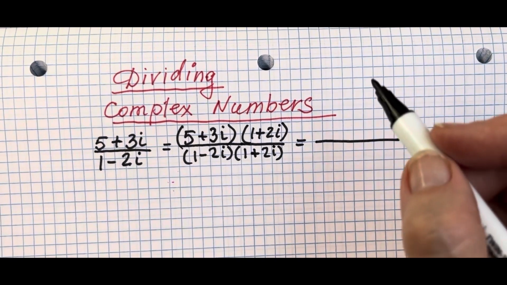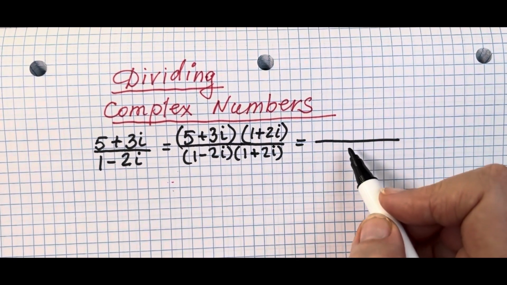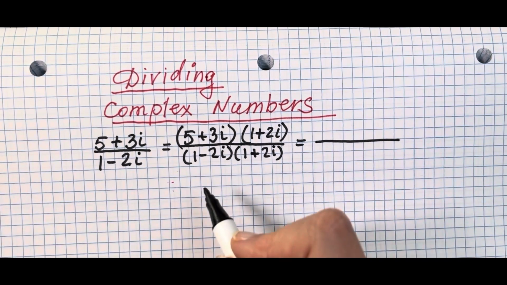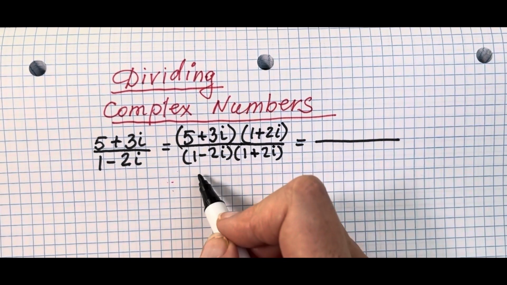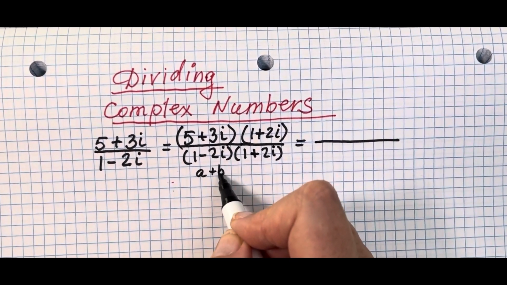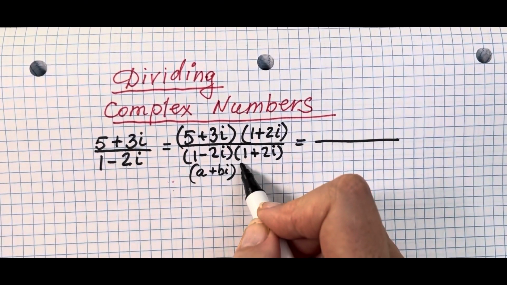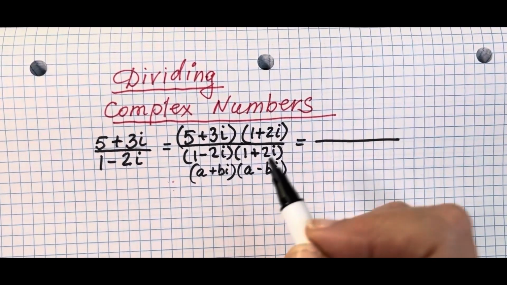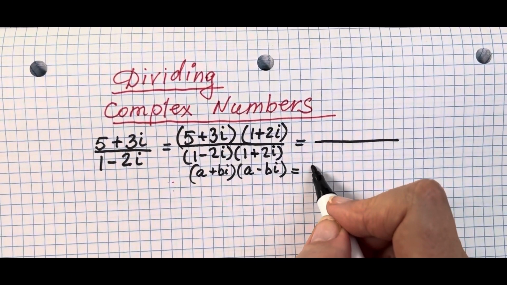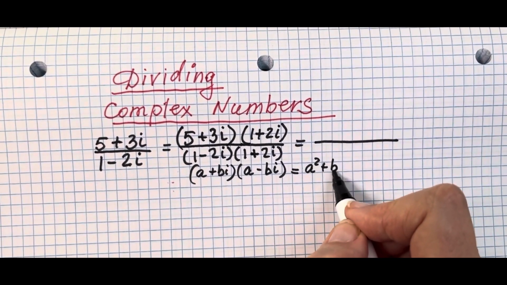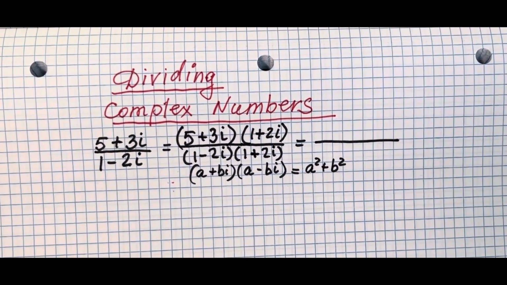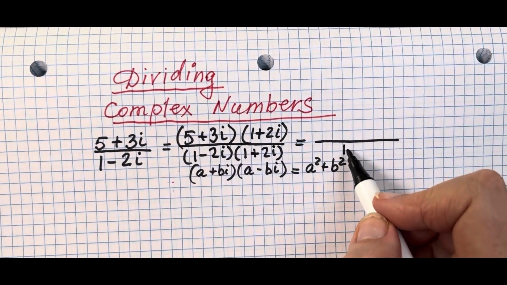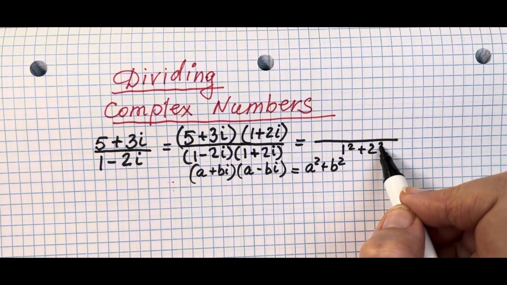We already figured out that if we have a plus bi, let me remind you one more time, and we multiply by a minus bi, the result gives us a squared plus b squared. And we already discussed this. So on the bottom, we will have 1 squared plus 2 squared.